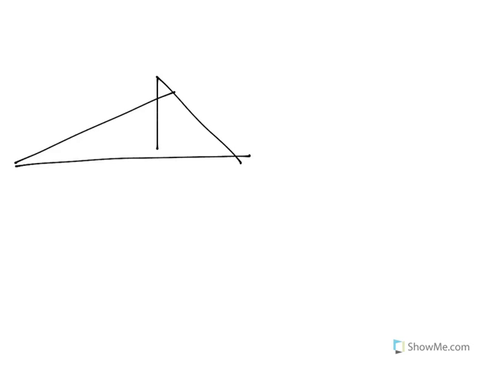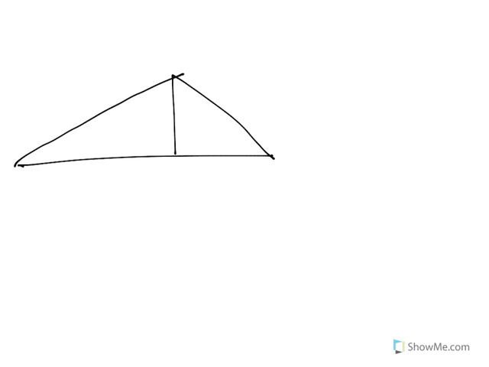Okay, so here an easy way to remember this is whenever you have one of these. Let me erase that. Let me do this better. Okay, and this is a right angle.